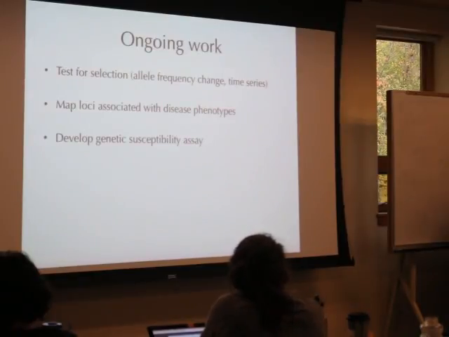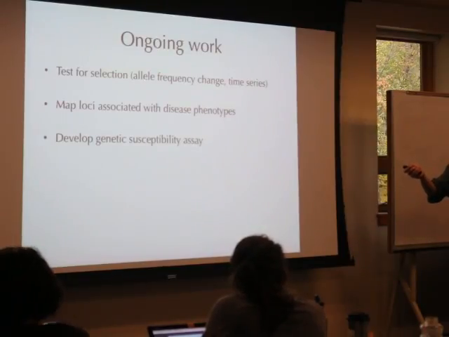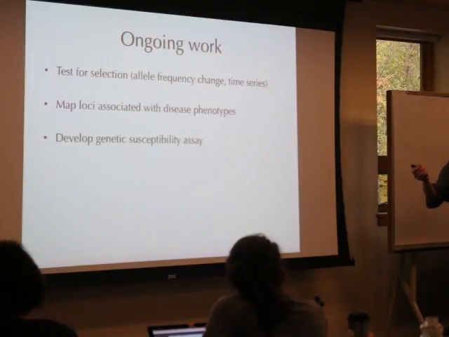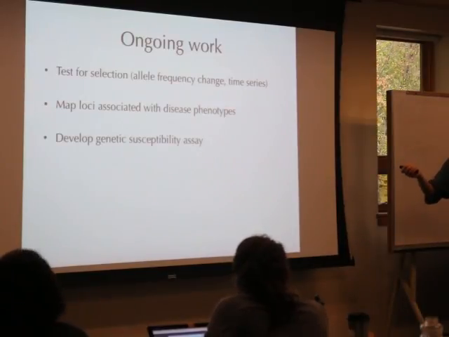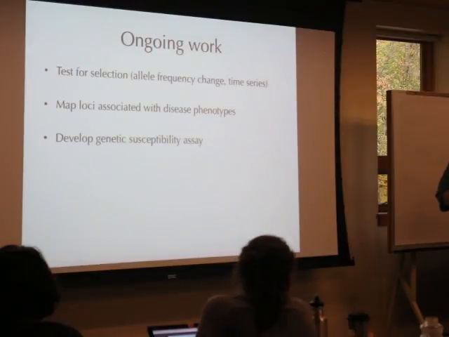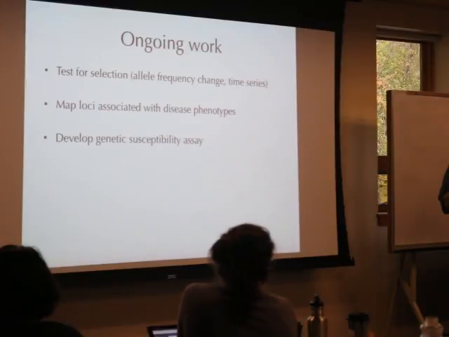We're testing for selection basically as we did before, although we can't use the LD-based tests for selection because now our markers are too spread apart because we have a lot fewer of them. But we're mapping loci associated with disease, and we're also trying to develop a marker panel that would give an estimate of the susceptibility to disease in a particular individual based on their genotypes at some set of loci.